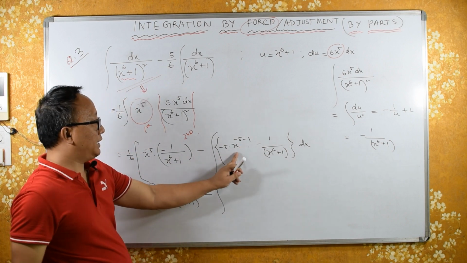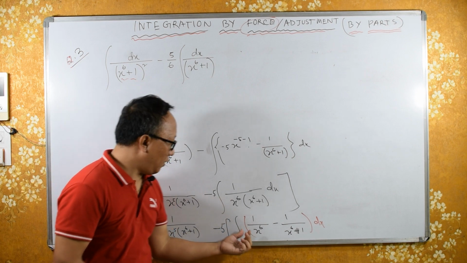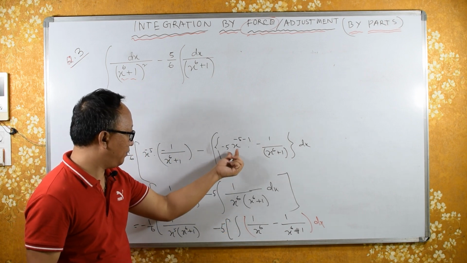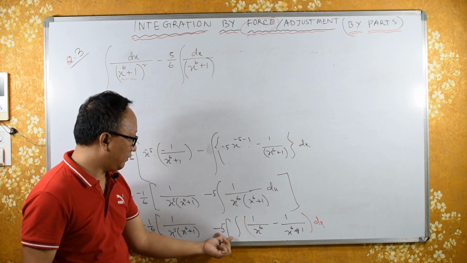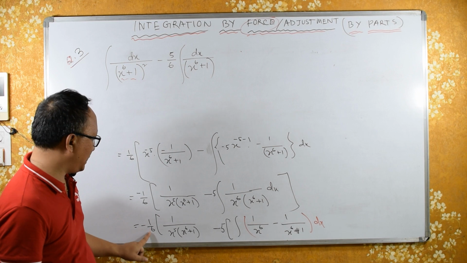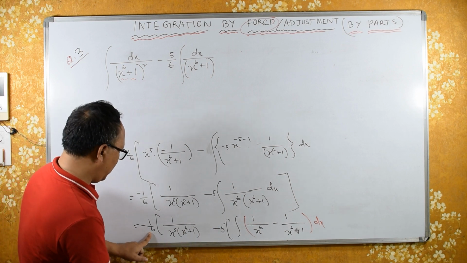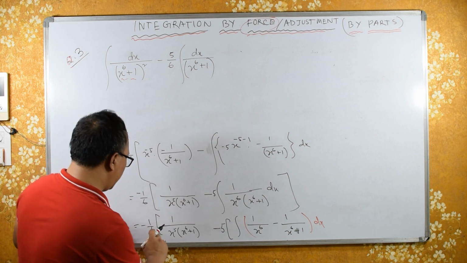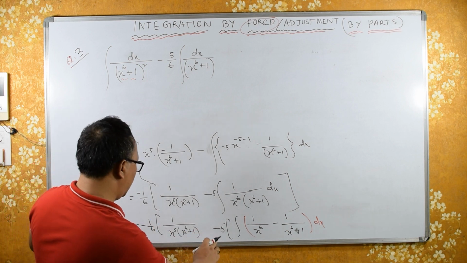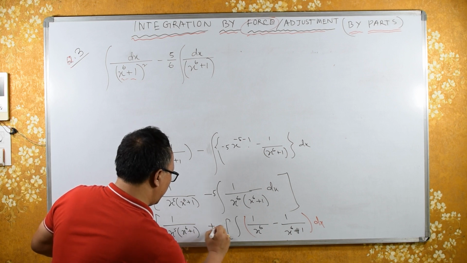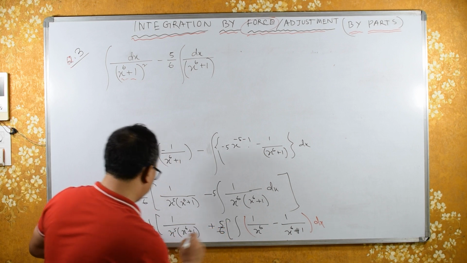Here I have x^-6. Now here we have 5, and minus 5 over here. This 1 by 6 I will send inside. If I send inside, then this will be minus 1 by 6, and minus 5, minus 1 is plus 5 by 6.